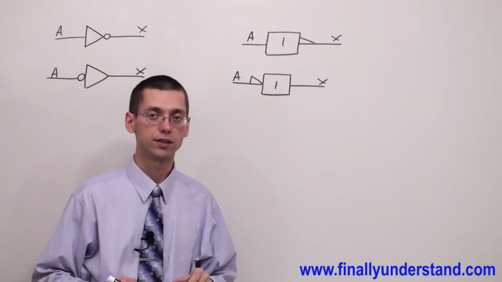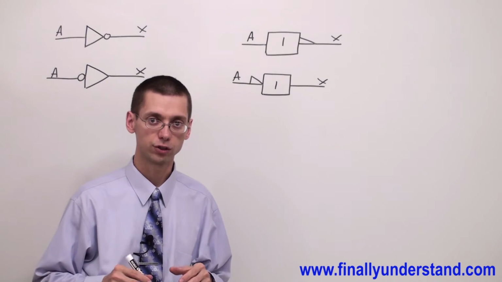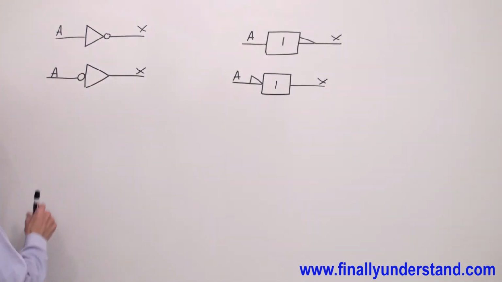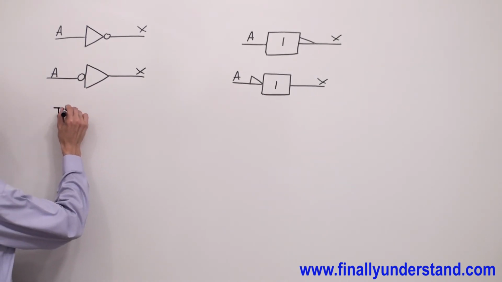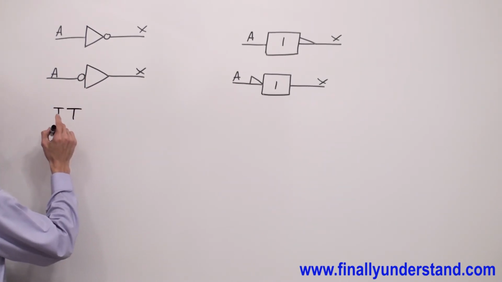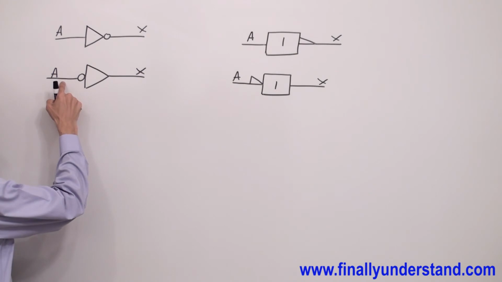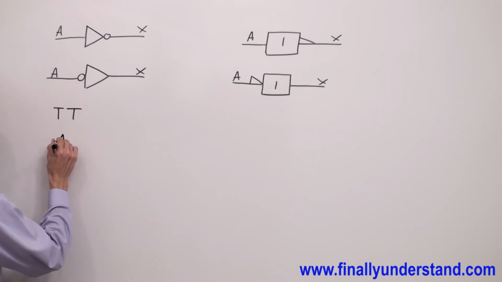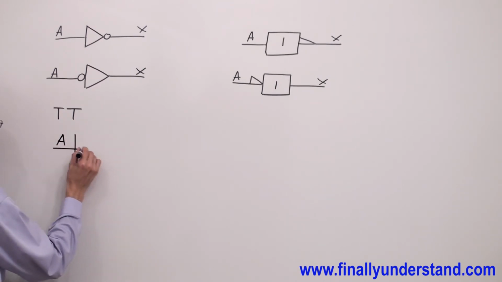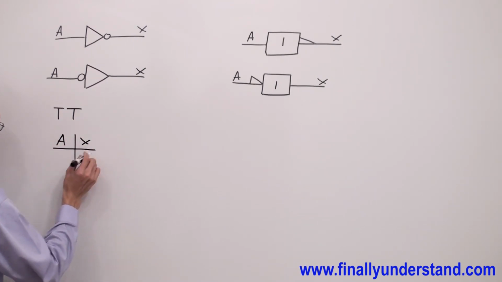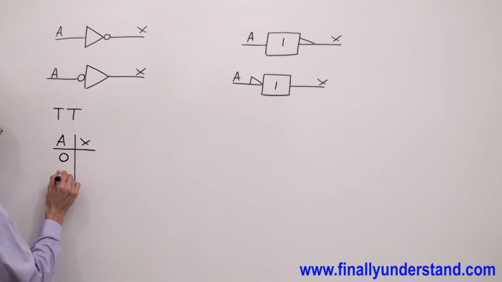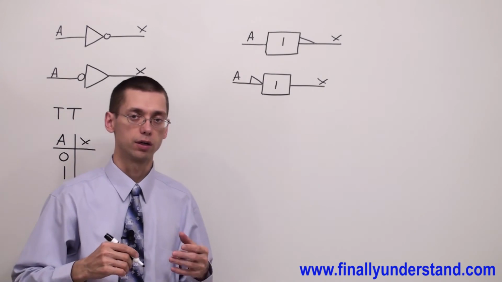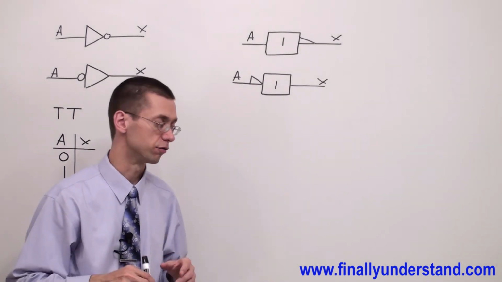In order to understand how the inverter works, we are supposed to remember the truth table of the inverter. TT stands for truth table. Because the inverter has just one input, we can apply two combinations to the input. My input is A and my output is X. We have two combinations, 0 and 1. The inverter is going to give me the complement of the input.